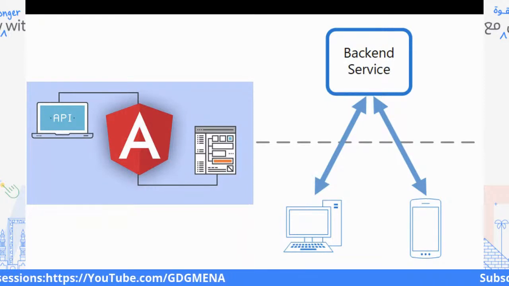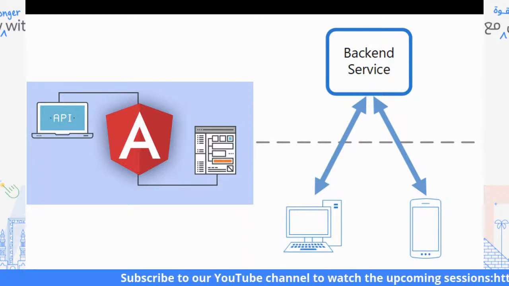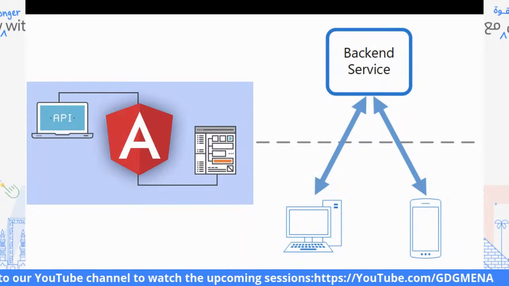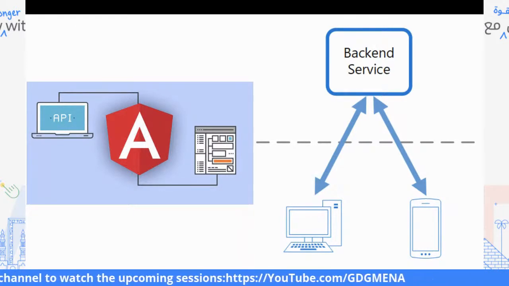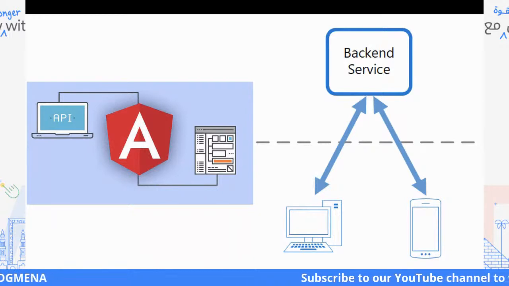I just said the word open API. Open API is nothing but a public API. You don't have to write it. If you're working in a traditional project, you'll be making your own backend. You'll have your own database, your own API, your own frontend. But this talk is more about how your frontend can communicate with the backend using the API.